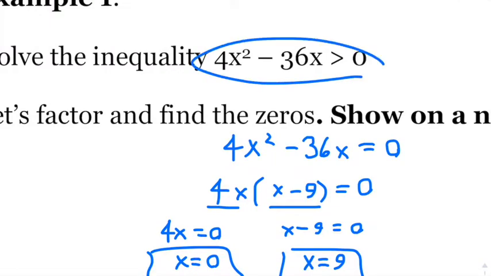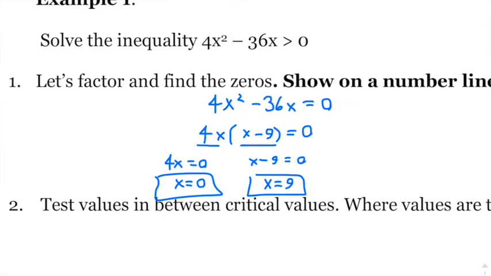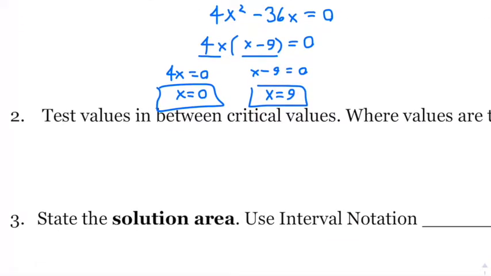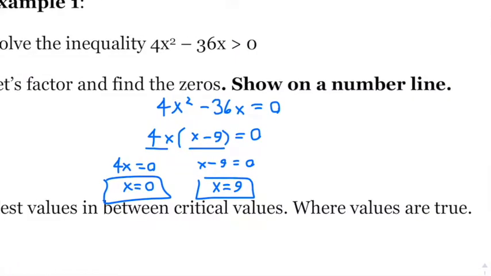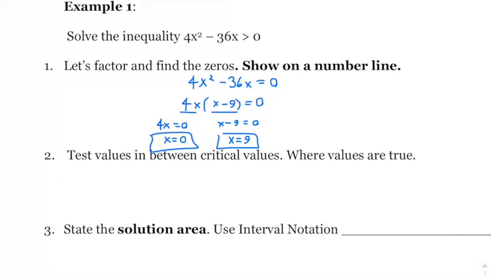Now you would get the same x values right here, but since we have this inequality sign, that kind of messes things up, and it's hard to tell where x is supposed to be. Is it supposed to be between 0 and 9, or greater than 9, less than 9, greater than 0, less than 0? So we're going to use those critical values. We call those the critical values, x equals 0 and x equals 9.